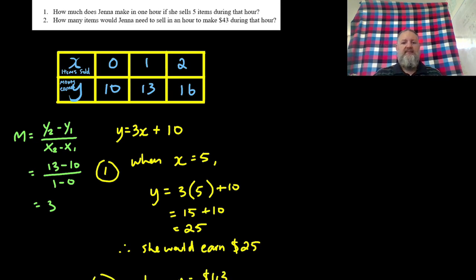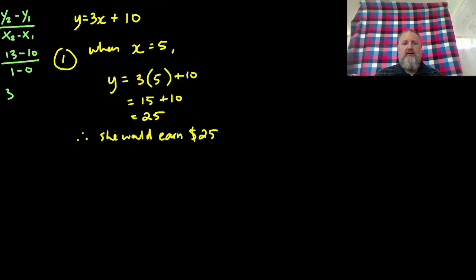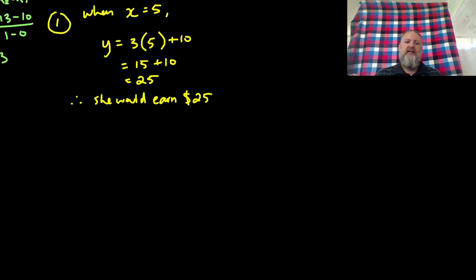Okay, what about the next one? It says, how many items would she need to sell in an hour to make $43? That's a fair bit of money. So what would she need to sell to get that? We need to set this up a little bit differently.